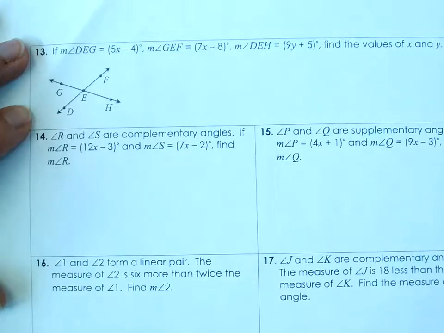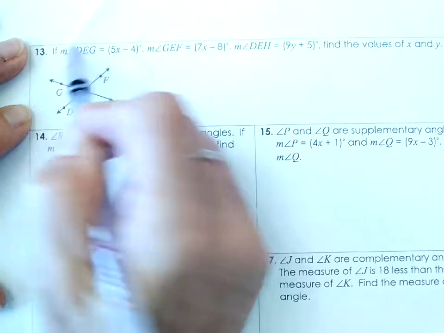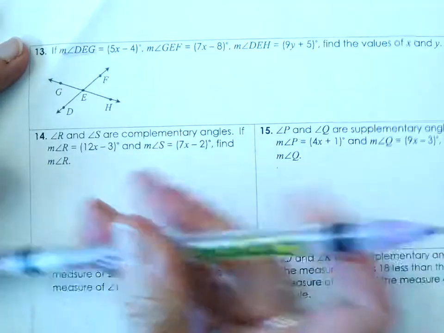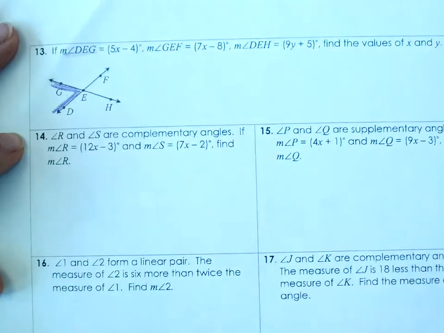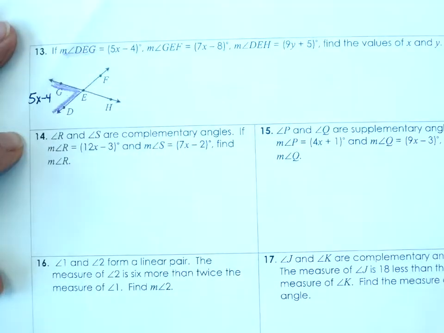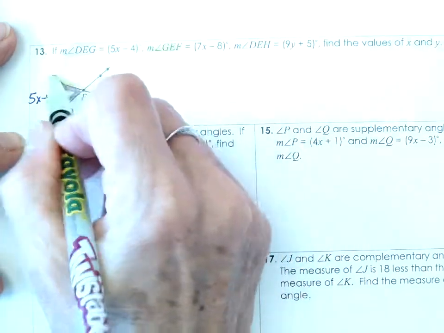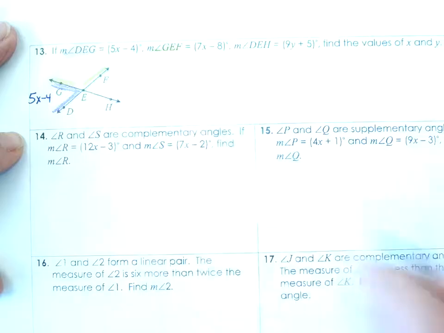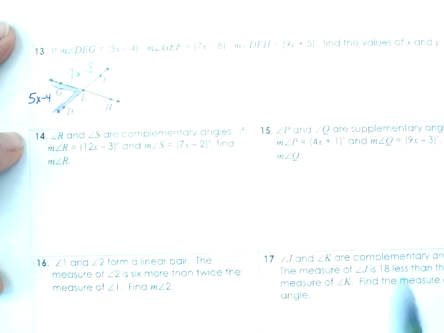Angle DEG, that's this one here, is 5x minus 4. And the measure of angle GEF, right there, is 7x minus 8.